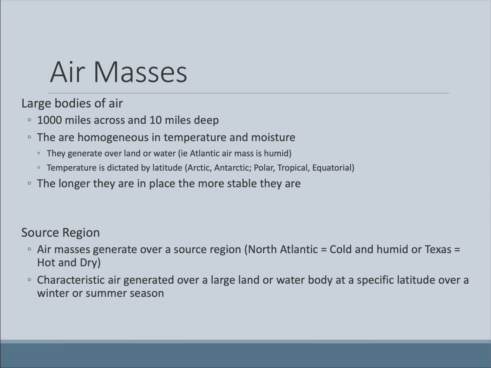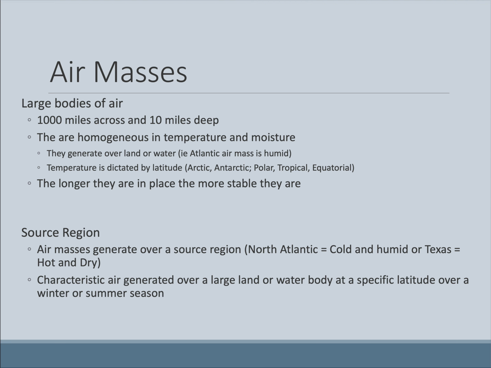So the larger a land mass, the larger a water body, the larger the air mass above those is going to be. So we're going to generate these very large air masses that encompass, for the most part, a continent, and that can be 10 miles deep or so. For the most part, these air masses at maturity, when they're oldest, are going to be homogeneous.